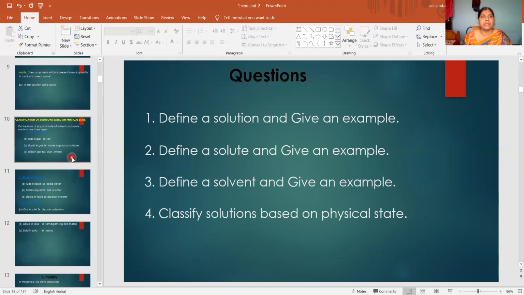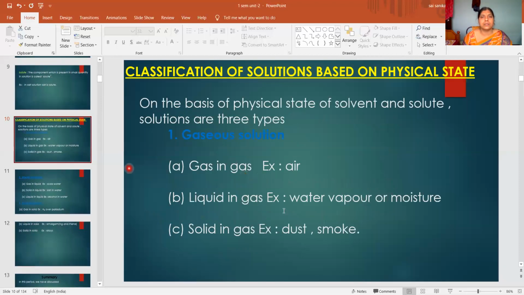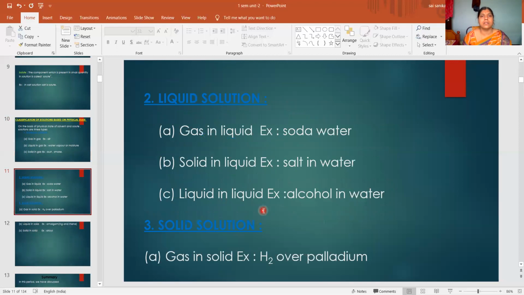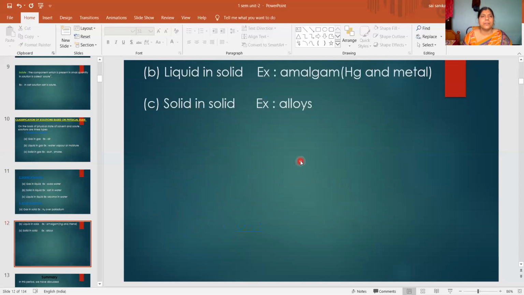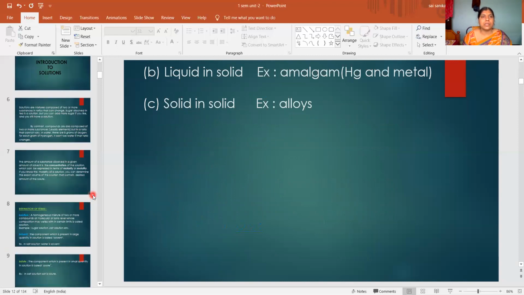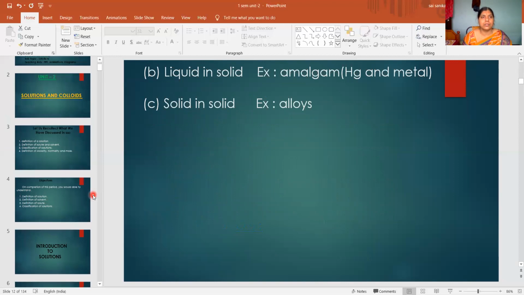And again they are divided into three types. Gaseous solutions: gas in gas, liquid in gas, solid in gas. Liquid solutions: gas in liquid, solid in liquid, liquid in liquid. Similarly, solid solutions: gas in solid, liquid in solid, and solid in solid. So this is about introduction to solutions.